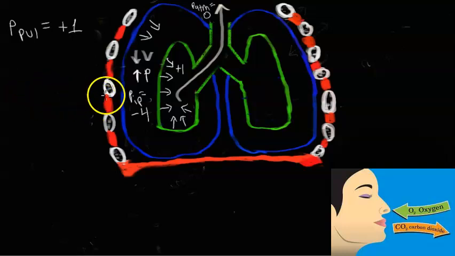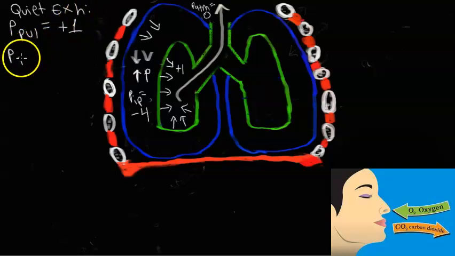And the CO2 would move out until the pressure in the lungs is equal to the atmospheric pressure. So now you have this pressure gradient that allows air to move out. Okay? So this is during quiet exhalation.